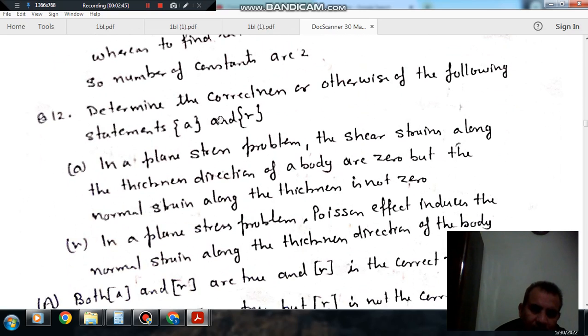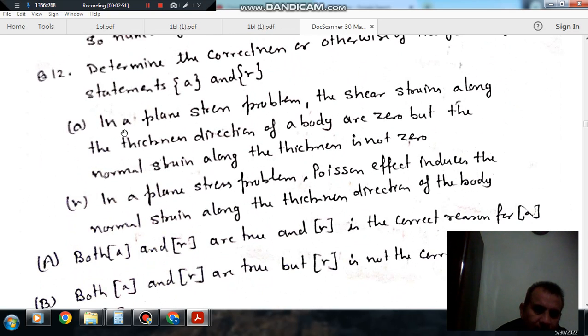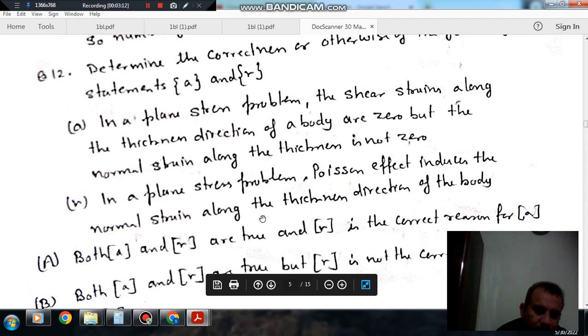Next, determine the correctness or otherwise of the following statements A and R. Statement A: in a plane stress problem, the shear strains along the thickness direction of a body are 0, but the normal strain along the thickness is not 0. Reason R: in a plane stress problem, Poisson's effect induces the normal strain along the thickness direction.